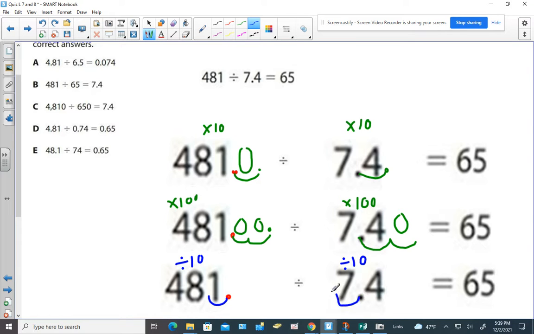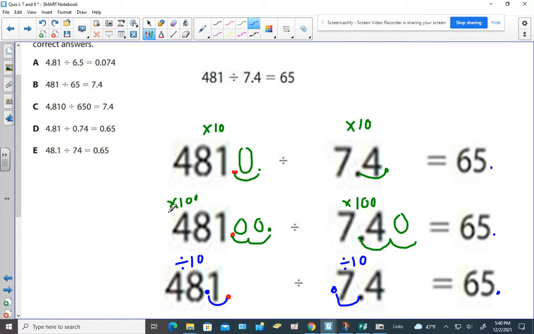So that puts the decimal here, instead of where it is here. So we're looking at 48 and 1/10 divided by 74 hundredths equaling 65. So is that a choice in the lineup? Now be careful, because we're not talking about 65 hundredths. We're talking about the whole number of 65, the decimal being at the end.